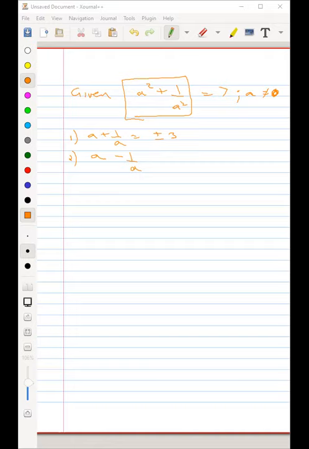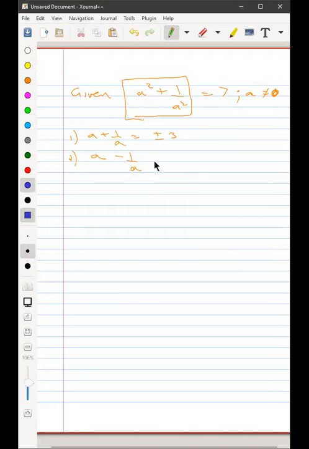So Ramya, did you get your mic fixed? Okay, let's solve this, Ramya. Yes, sir. Tell me, what do we do? Sarah, that's correct. So Ramya, tell me, what do we do here? What's the relationship between a minus 1 upon a and a squared plus 1 upon a squared or a plus 1 upon a?